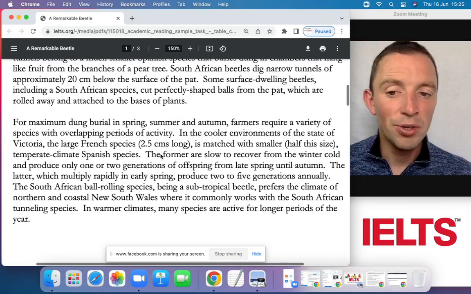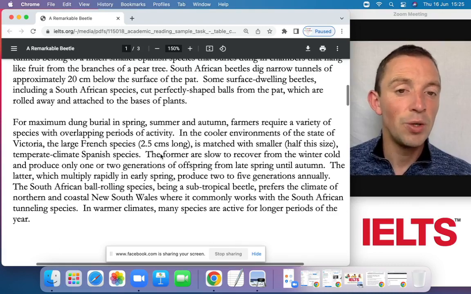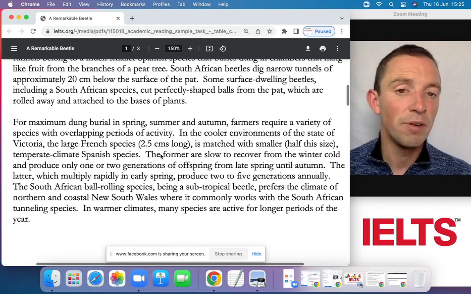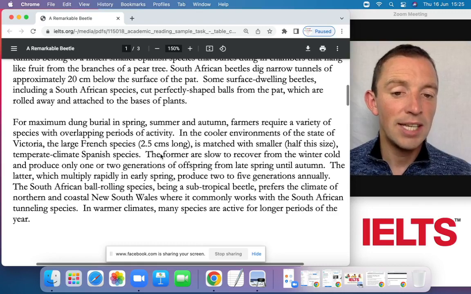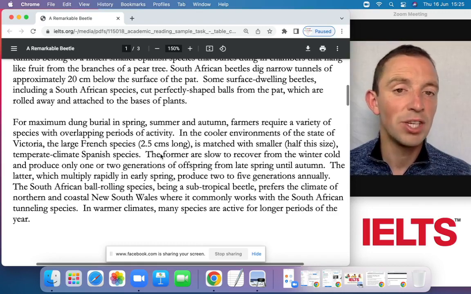For maximum dung burial in spring, summer and autumn, farmers require a variety of species with overlapping periods of activity. In the cooler environments of the state of Victoria, the large French species, 2.5 centimeters long, is matched with a similar, half this size temperate climate Spanish species.